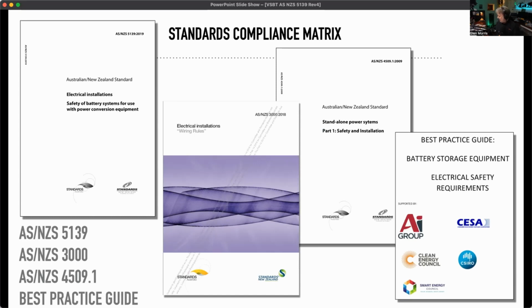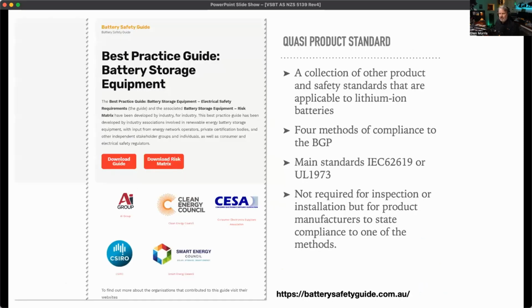That's an effort to cobble together a product standard for lithium-ion batteries because we never had one, but it's not really a proper product standard. It's just a collection of international equivalents. One of the key things about the Best Practice Guide is there are 2 main international standards that it calls up for lithium batteries.